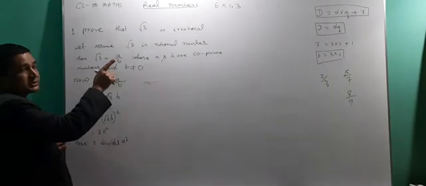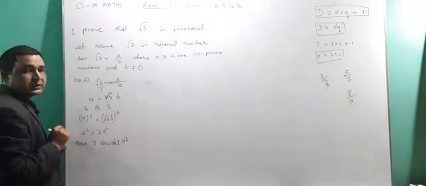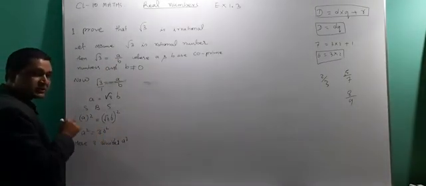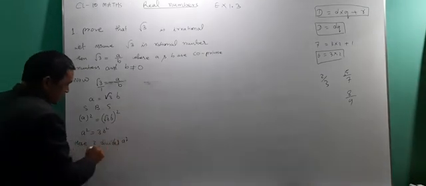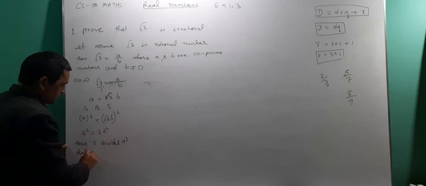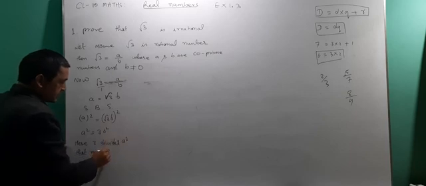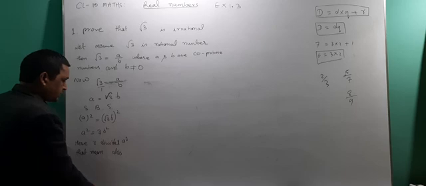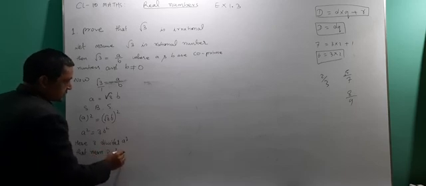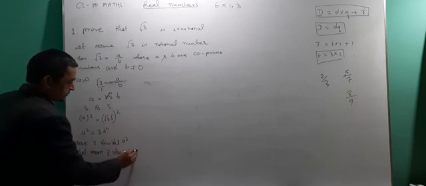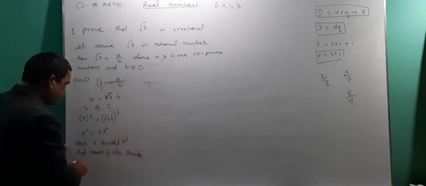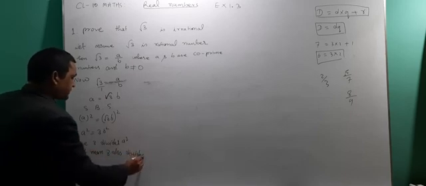Remember, if there is a plus or minus something, then the equation is not perfectly divisible. That means if 3 divides a square, then 3 also divides a.